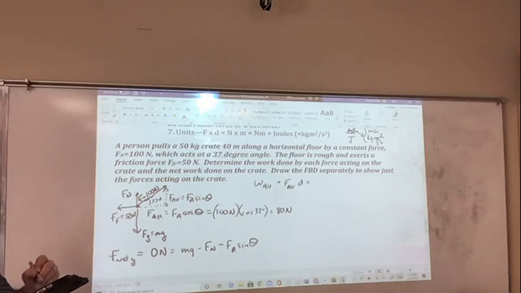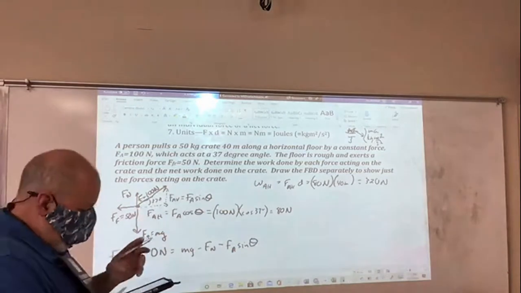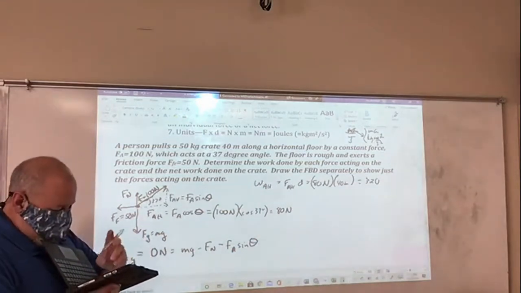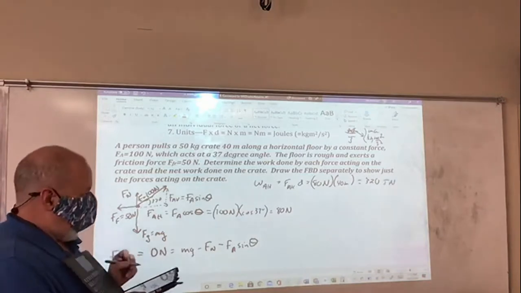If I just do it this way, force applied in the horizontal direction is 80 newtons, and the distance was 40 meters. So my applied force did 320 joules of work in the positive direction.